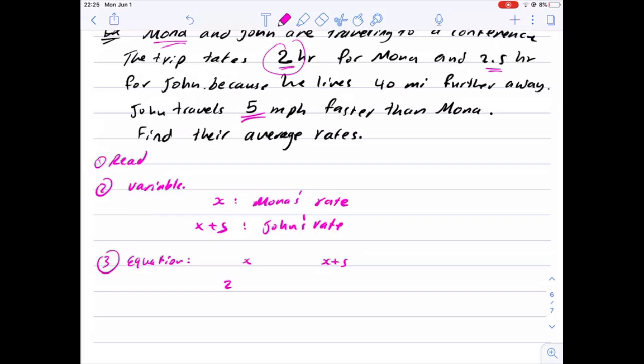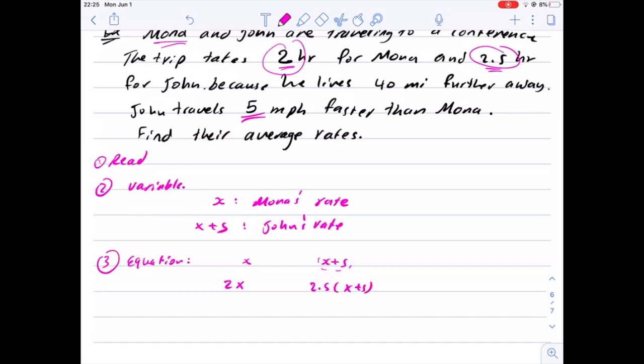So that means we multiply x, Mona's rate, by 2. And it takes 2.5 for John to arrive, because he lives 40 miles further, but his rate is x plus 5. That means we multiply x plus 5 by 2.5.